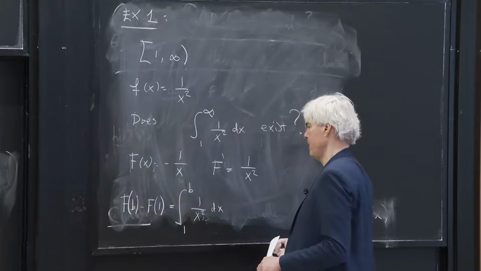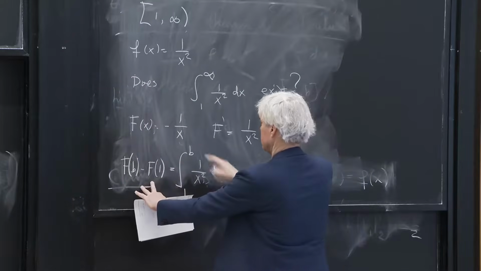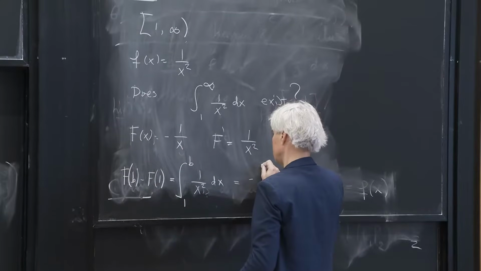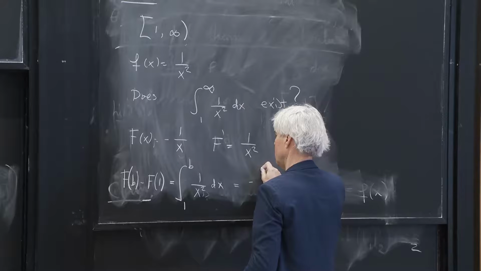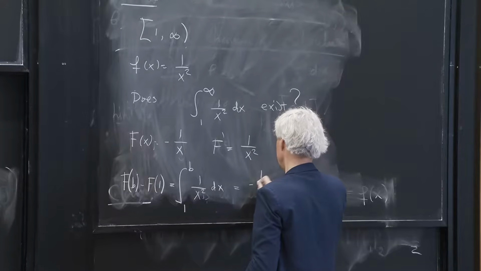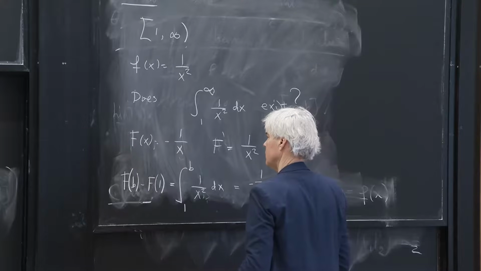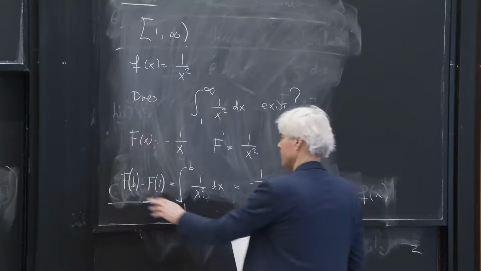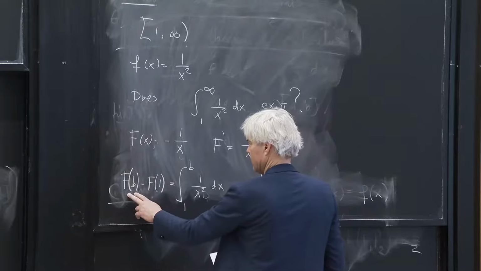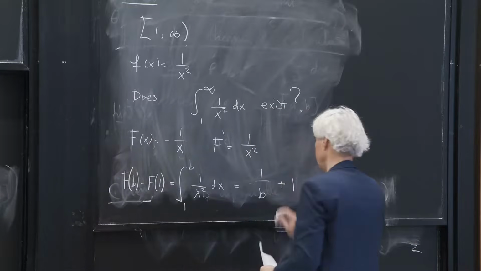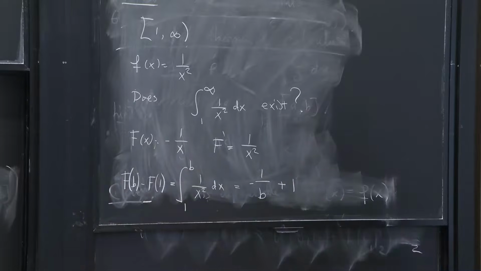Using this, you get minus 1 over b plus 1.